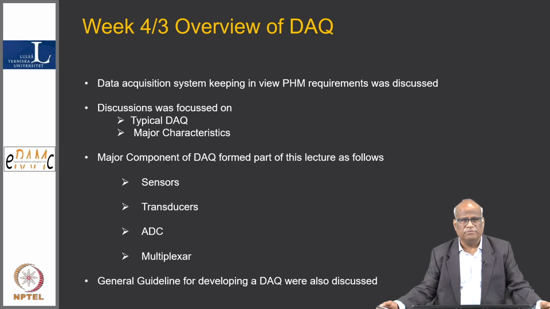And what we mean by sensors, we have discussed a lot, along with transducer, analog to digital, and multiplexer. General guidelines for DAQ were also discussed. So I think we are left with adequate information for procurement or implementation of a DAQ on my system at R&D or for implementation of a prognostics and health management program. Thank you.